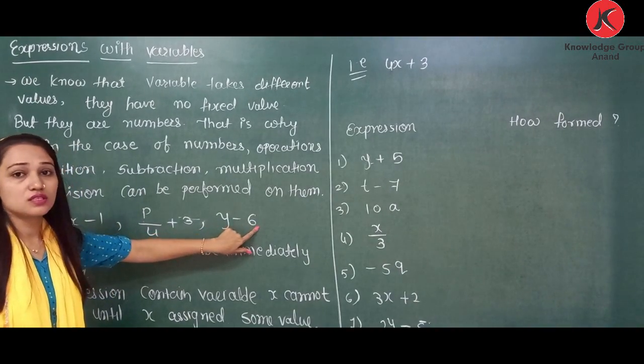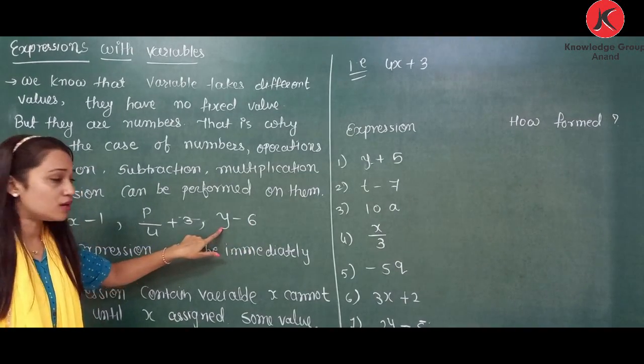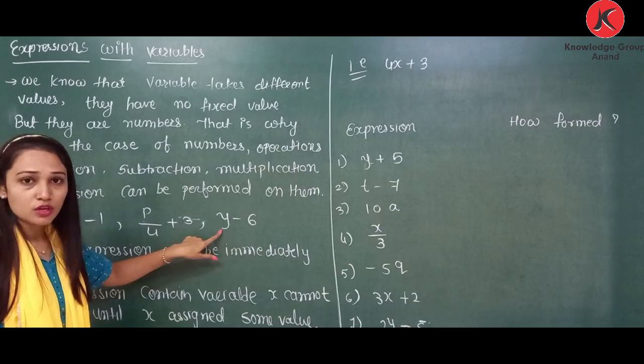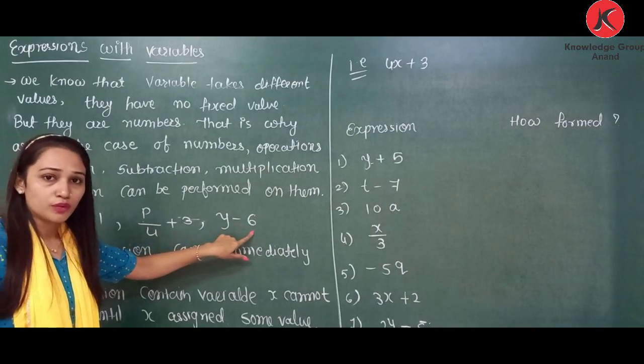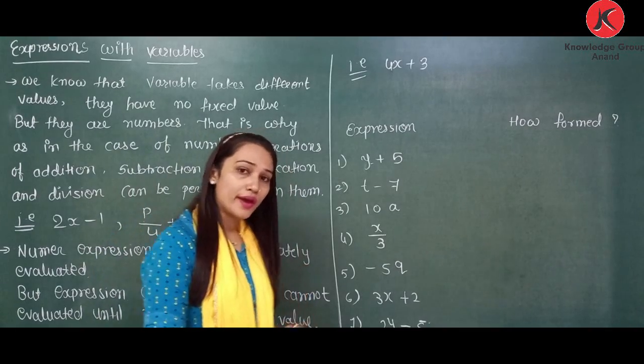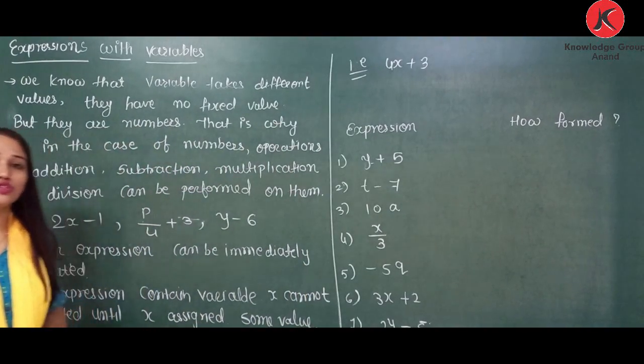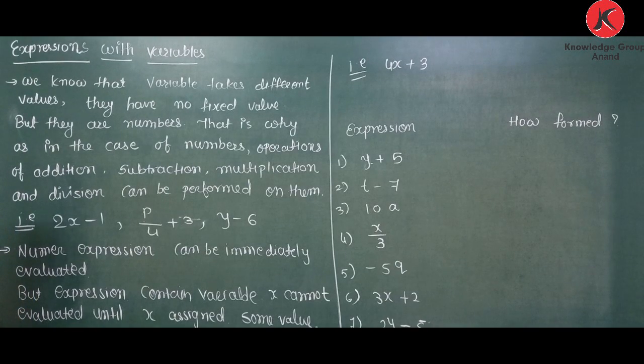Y minus 6 is a subtraction of numbers. If we assign the value of y as 7, then 7 minus 6 is 1. So a variable takes a numerical value. As we perform operations on numerical values, we can also apply operations on algebra, or you can say a variable. A number expression can be immediately evaluated.